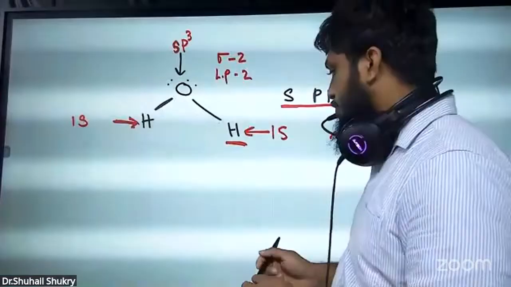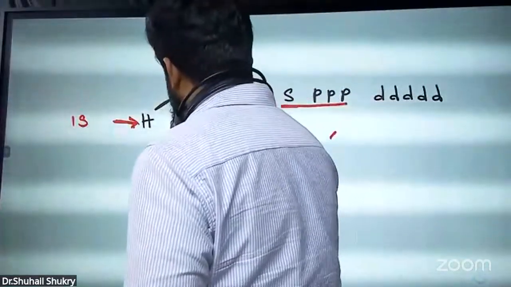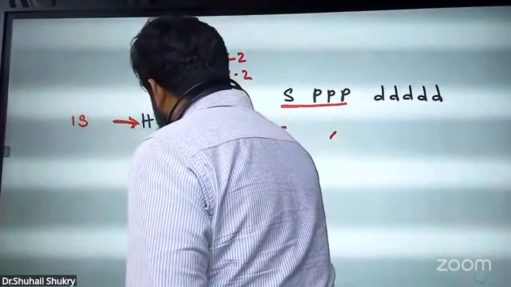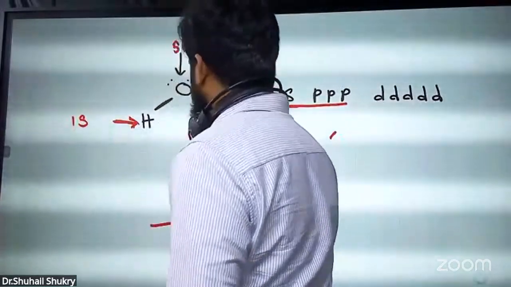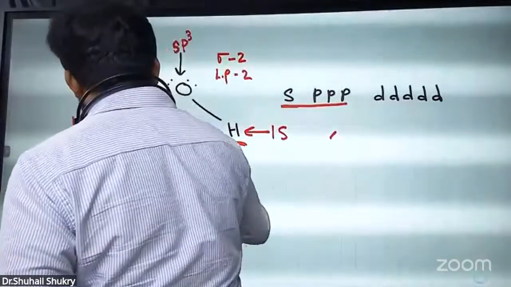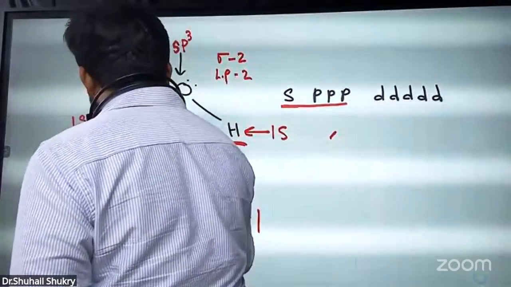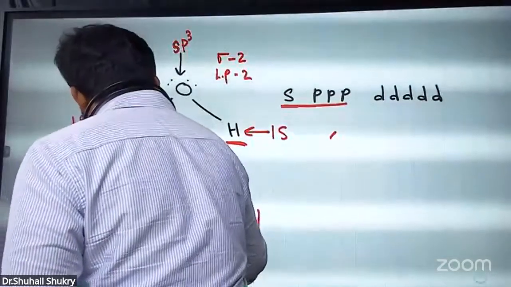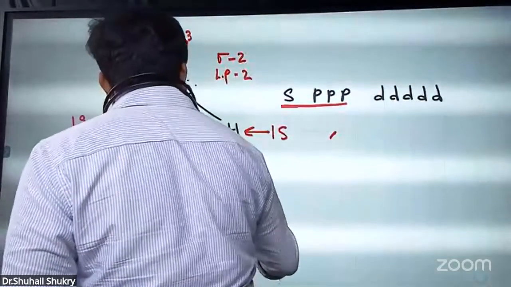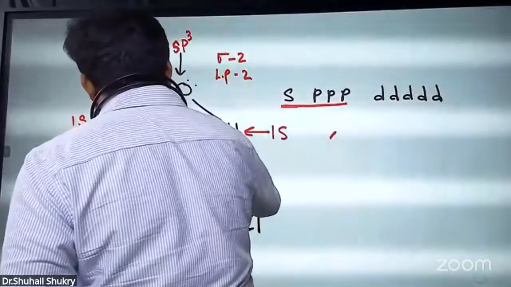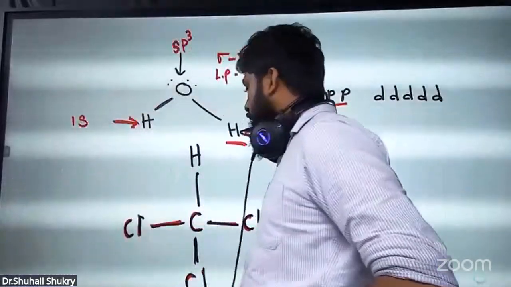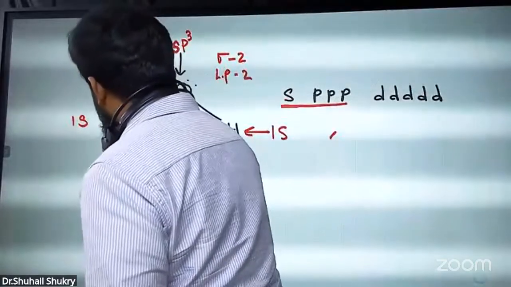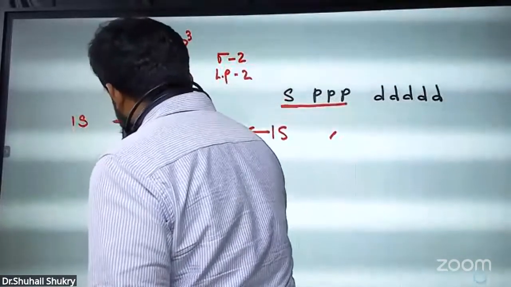We'll think of something like CCl4, no, CHCl3. We'll think of something like CHCl3. Now let's check the hybridization of these atoms. When you are marking, you have to draw the electrons, the Lewis structure for this.